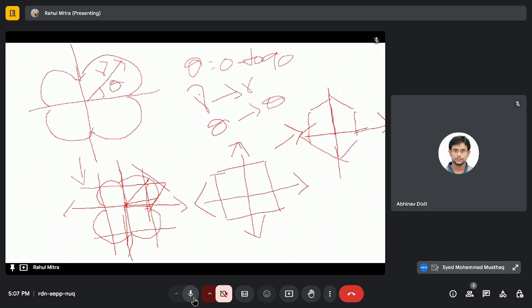So the Wulff plot should look like this, and here are the tangents. So the equilibrium shape will be the hexagon, if we draw the tangents. Give me a second.